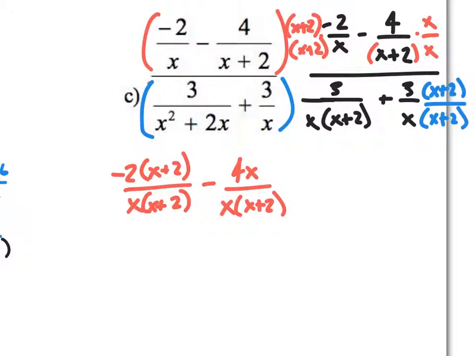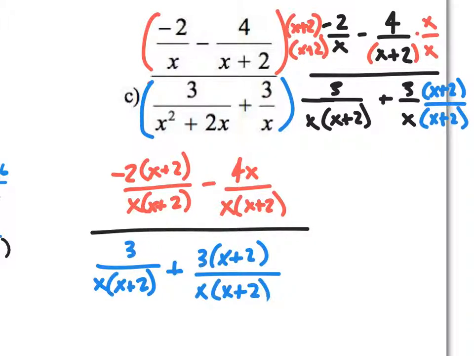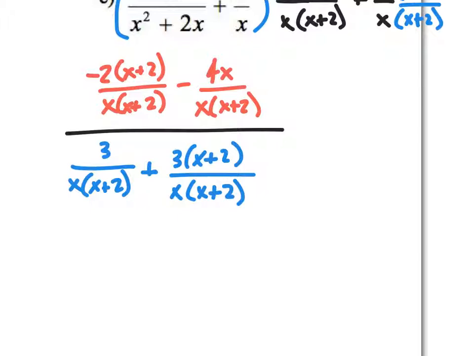Now, on this part, divide that by 3 over x times x plus 2. And I'm going to add 3 times x plus 2 over x times x plus 2. Okay? So now, because I have a common denominator here, all right, what's going to end up happening is I'm going to do this.